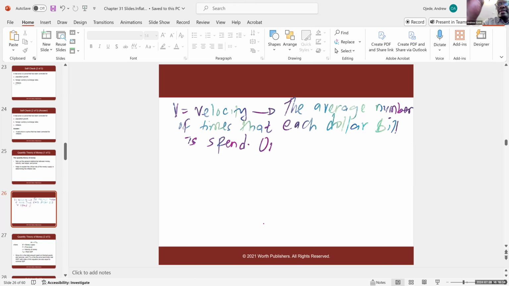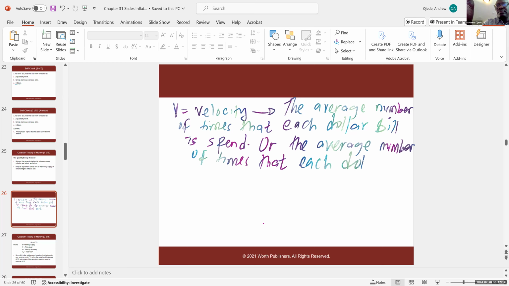Or you can define it as the average number of times that each dollar bill changes hands in a period. A period could be a year, could be a month.